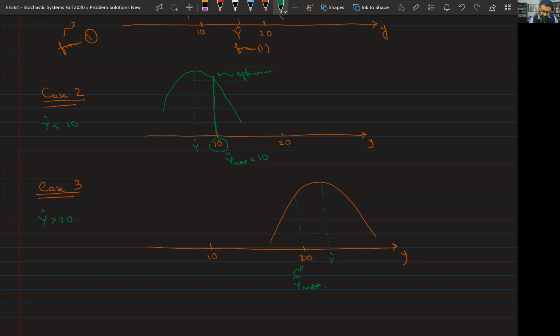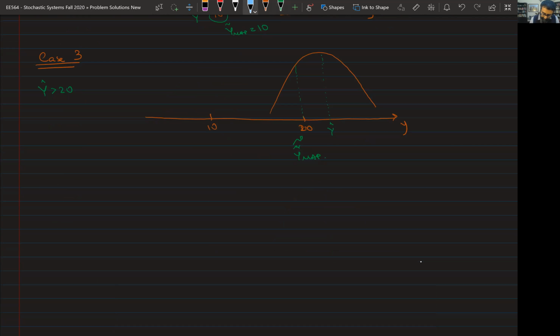Combining all three cases together, this is our solution. This implies that y tilde MAP, which is the optimum for this particular problem in the homework, is equal to y tilde, where y tilde is equation number 1, for the case when y hat is between 10 and 20.